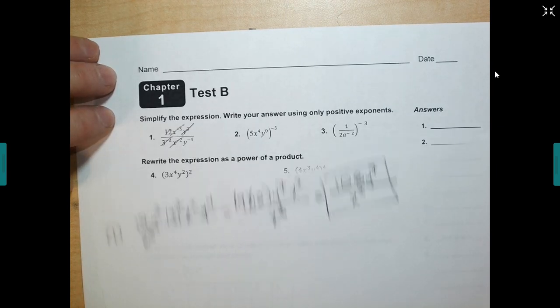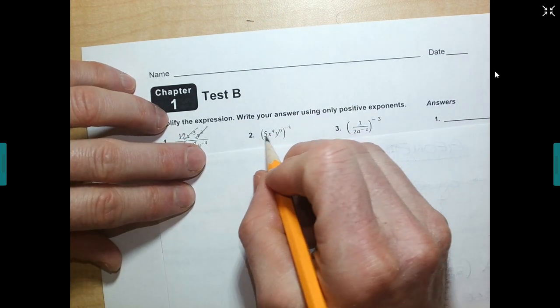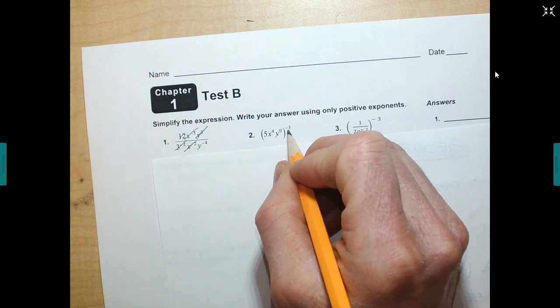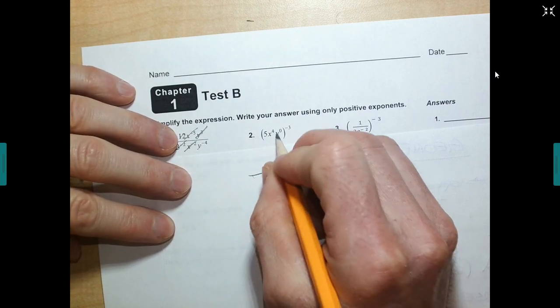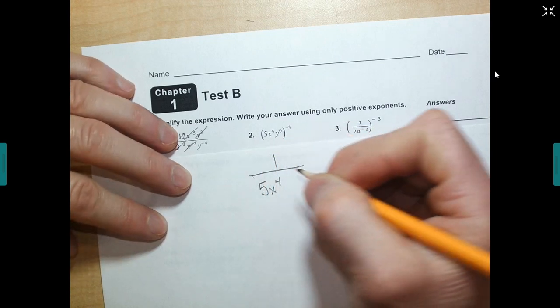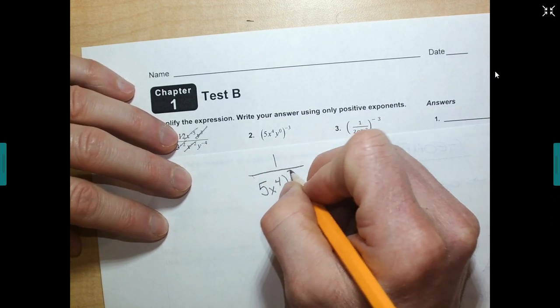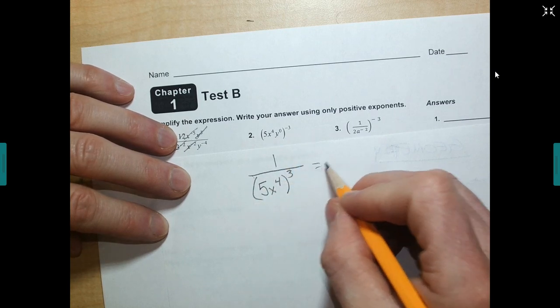All right, let's go for number 2. Number 2, I have 5x to the fourth, y to the 0, and all of that to the negative 3. So the very first thing I'm going to do is move it all to the bottom. Well, y to the 0 is 1, so I don't even need to write that. So now I have no negatives.